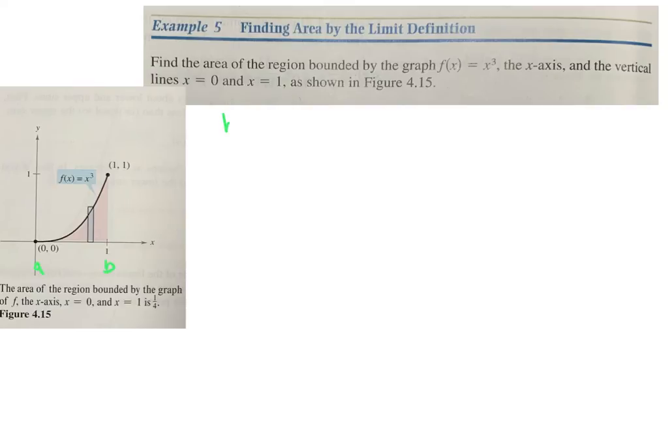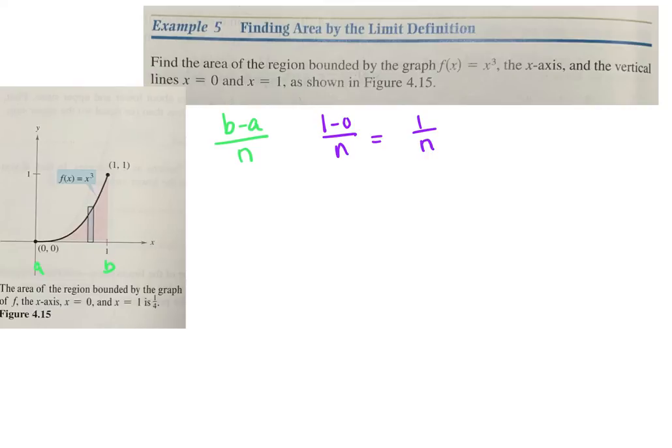So I'm still going to say b minus a over the number of partitions that I have. But my number is going to be infinity, so I'm going to leave it as an n right now, okay? In this case, my b is 1 and my a is 0, so my width for all of my rectangles is going to be 1 over n.